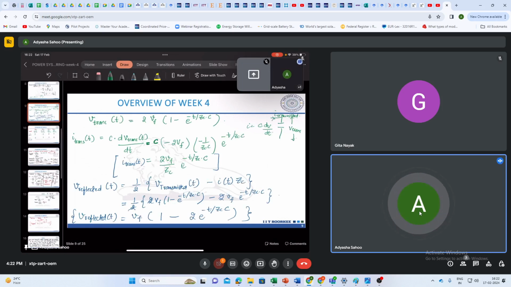So if you see, finally we had the formula of V reflected as this one.